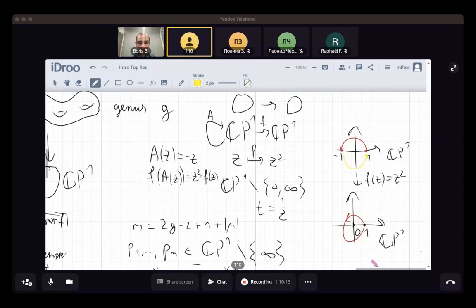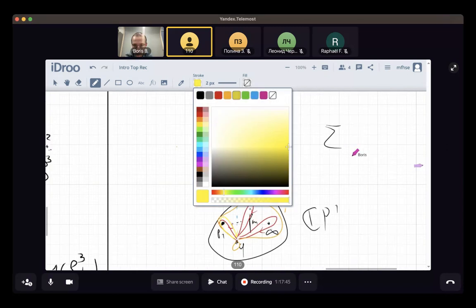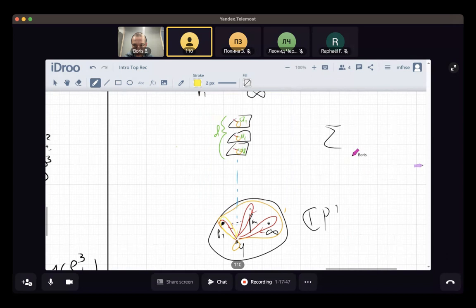So if I go along this yellow loop, which goes around my simple ramification point P1, this will correspond over here to all of the points. I need more of them probably.